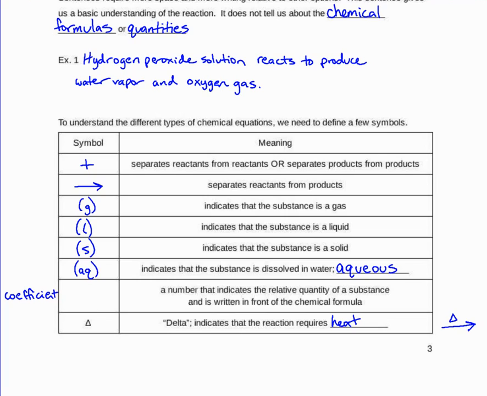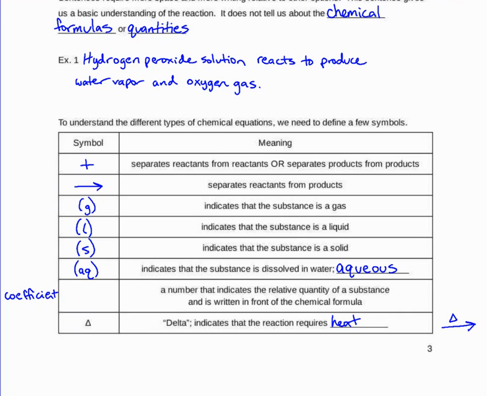This separates reactants from other reactants. For instance, nitrogen and hydrogen in the Haber process. We separate those 2 reactants with a plus sign. Or it could separate products from products. In the hydrogen peroxide example, the products are water plus oxygen.